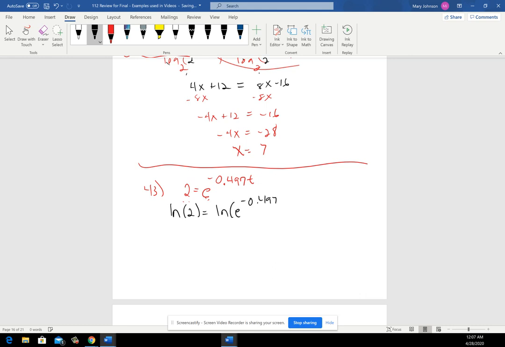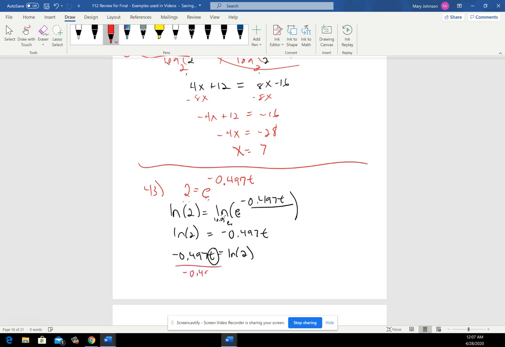You shouldn't skip that. Because ln is really log base e, it undoes the exponential base e, and you're left with just a negative 0.497t. Now, I like the variable on the left, so if you don't mind, let me just switch that. Because what I'm trying to do is get the t by itself, and I'm almost there.